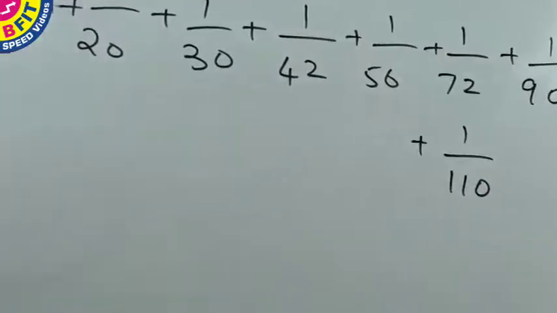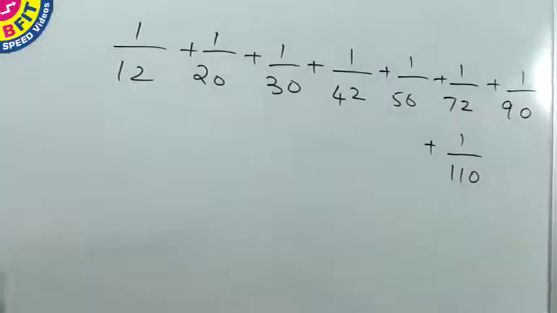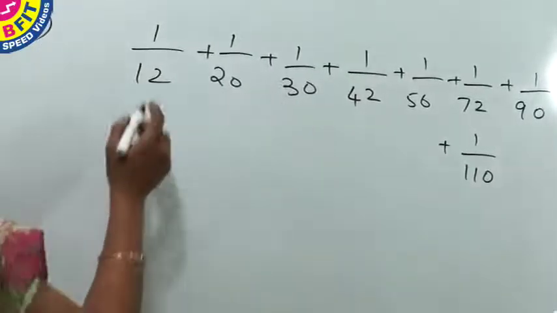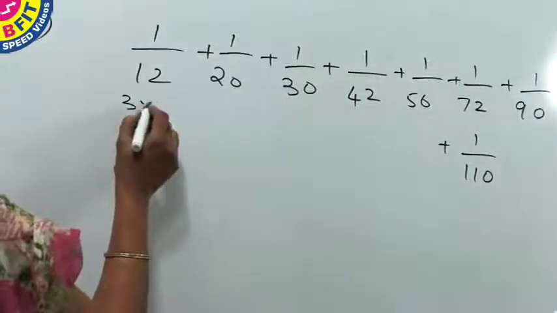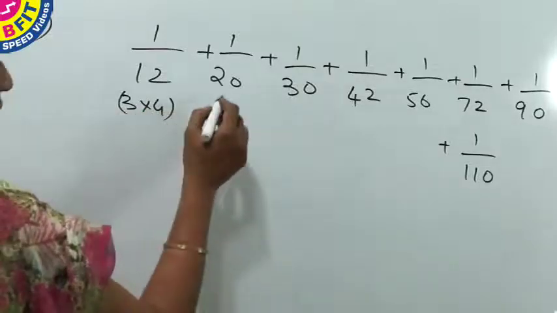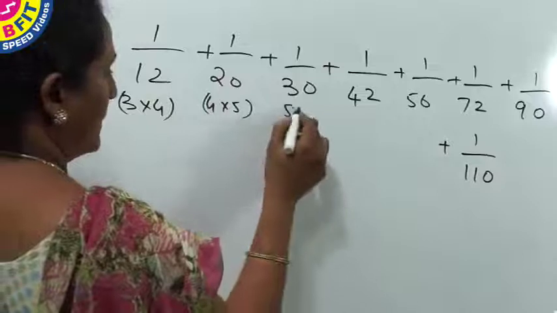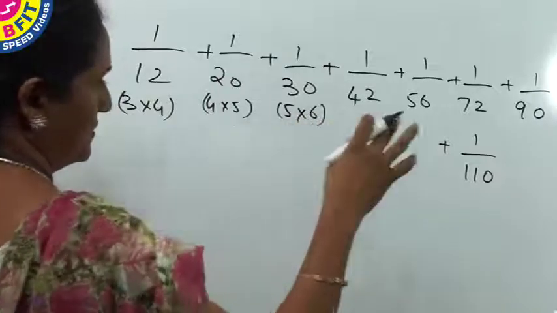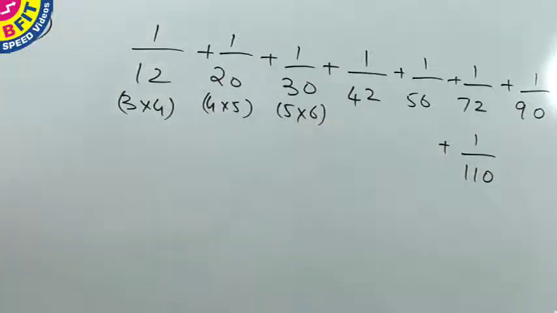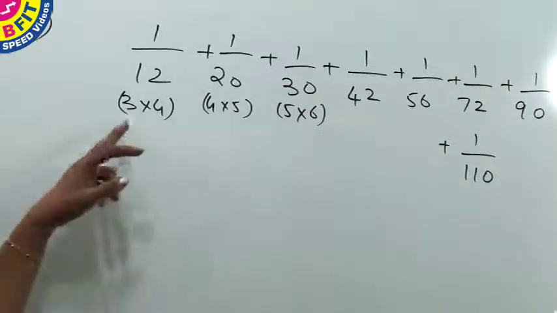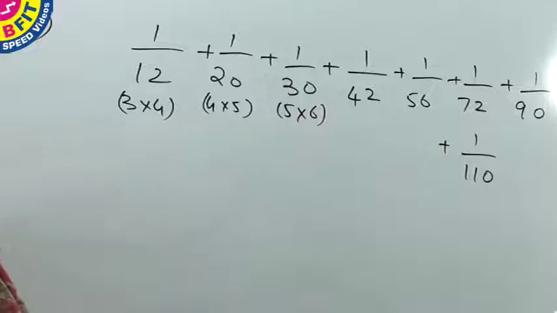When you check the denominators of these fractions, we have 12, 20, 30, etc. 12 is the product of 3 and 4, 20 is the product of 4 and 5, 30 is the product of 5 and 6, and it follows the same pattern. The denominators are products of two consecutive numbers.